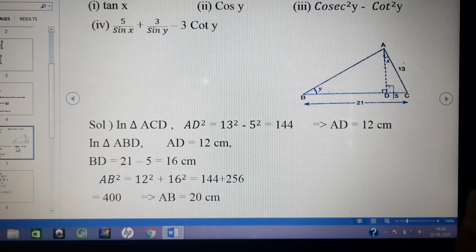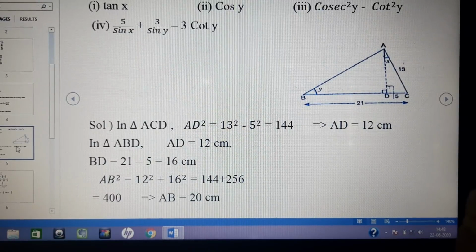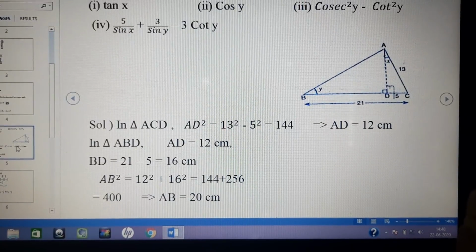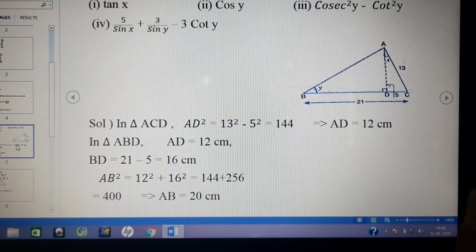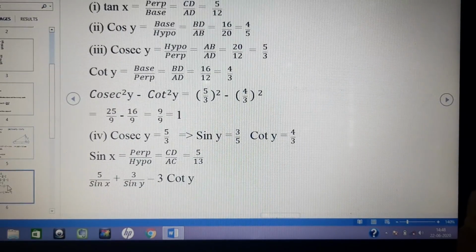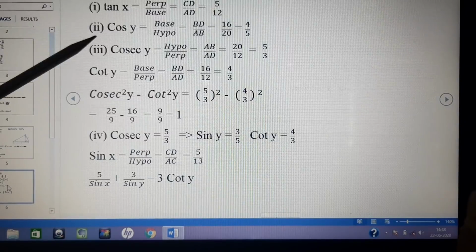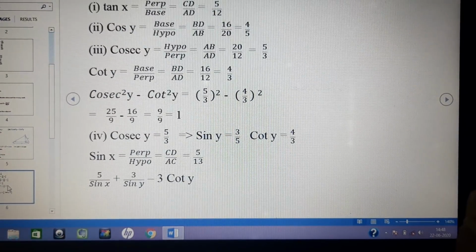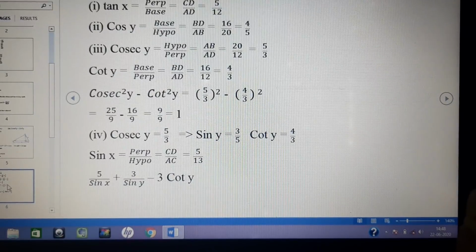Now AD is perpendicular, it means BD, the leftover side, will become base. So base is BD and hypotenuse is AB. BD upon AB. Clear? Cos y becomes BD upon AB, 4 upon 5. We have put the value.